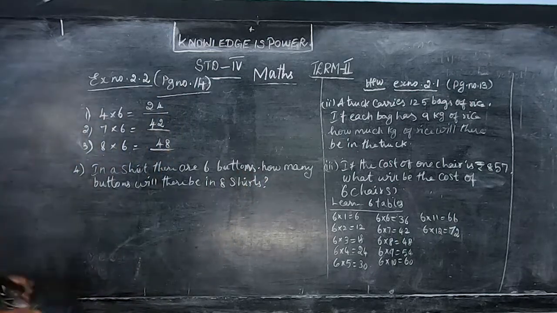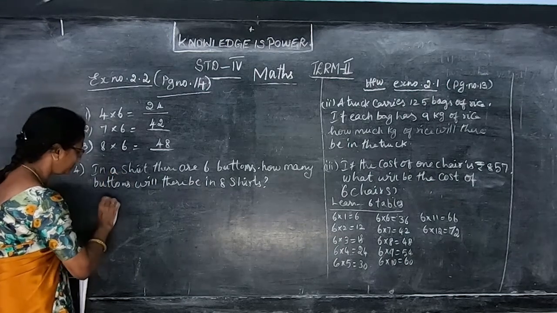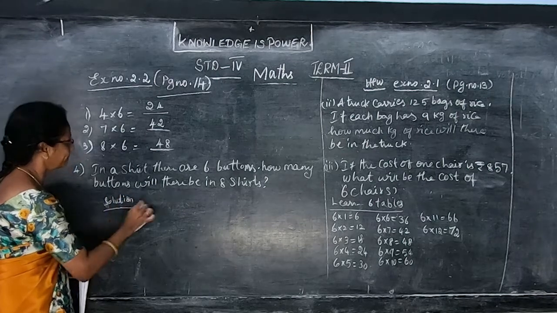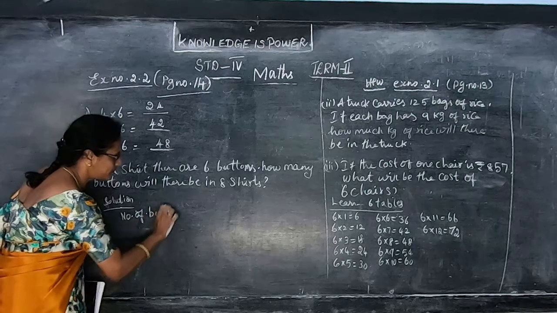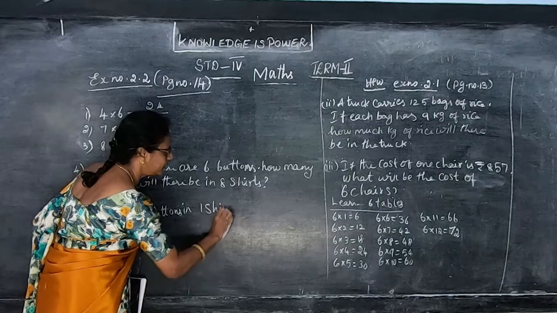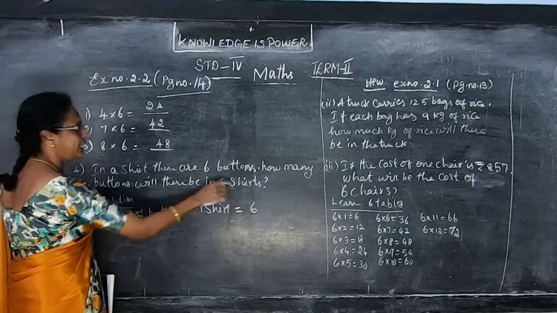A shirt means one shirt. So you can write the statement. Solution: number of buttons in one shirt is equal to 6. How many shirts are there? 8 shirts.